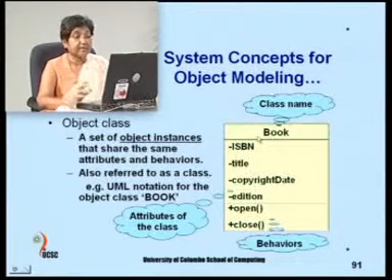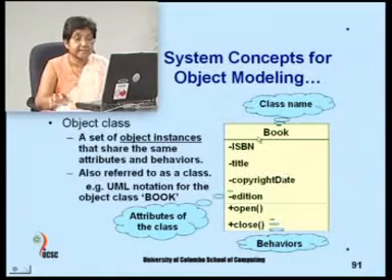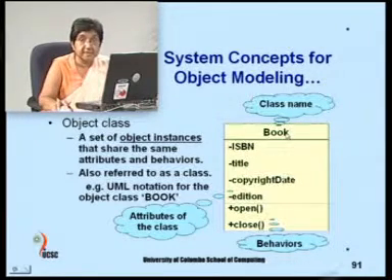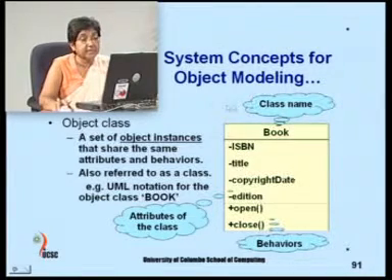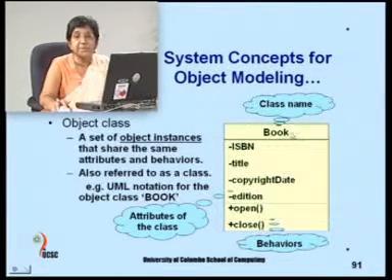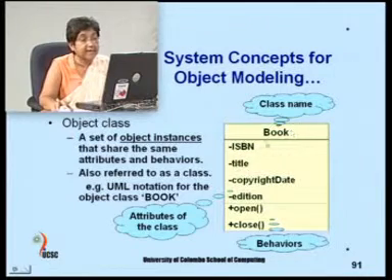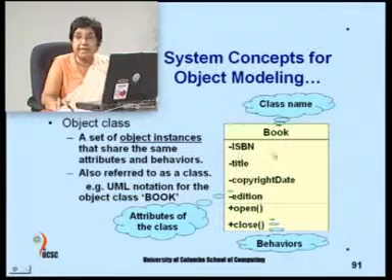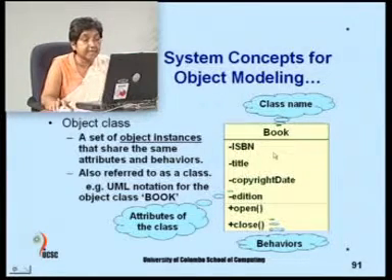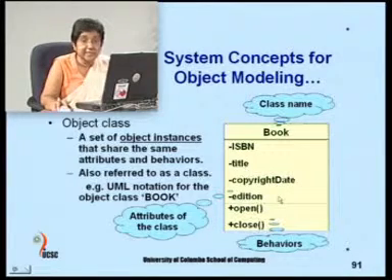If you take a number of instances, or a number of books, they all belong to this class called book. We can give a generic name, book, to this class, and each instance of book will have a specific ISBN number, specific title, copyright date, edition and so on.